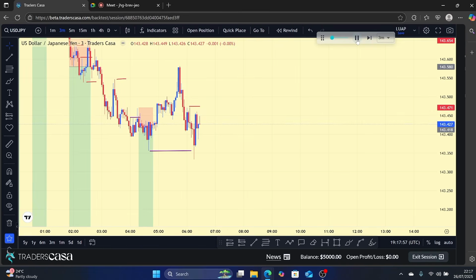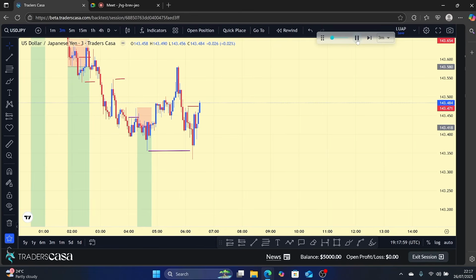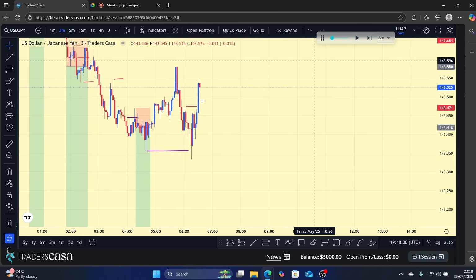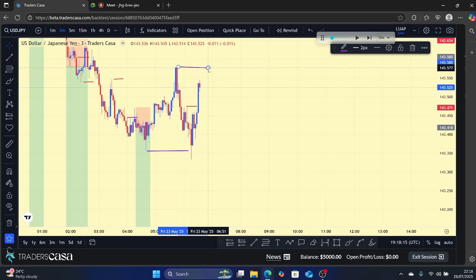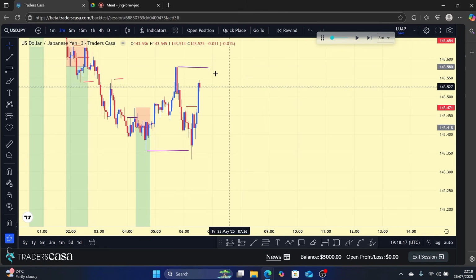All right, so let's see. All right, price has taken out that one. Remember that the high of this one here is actually a major inducement high. So if price sweeps this high, then I'll be confirming that this one here is a sweep of the major inducement, and I can take the entry.